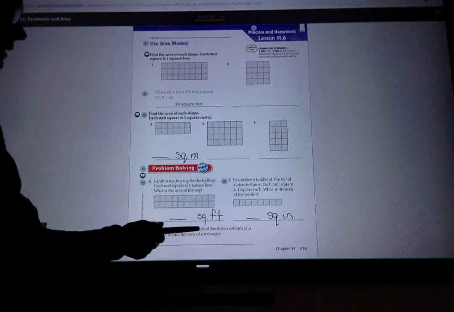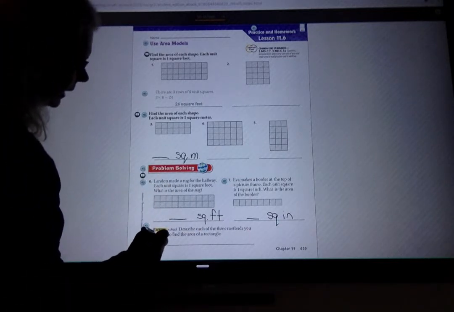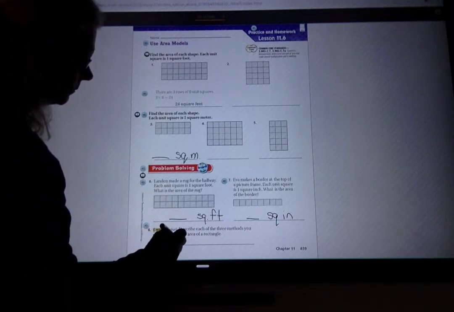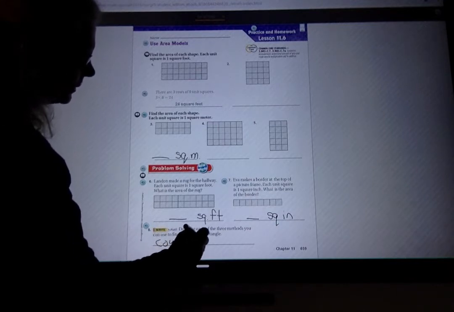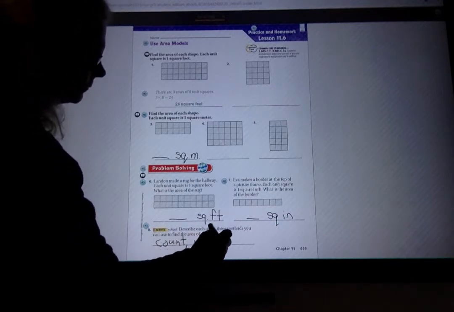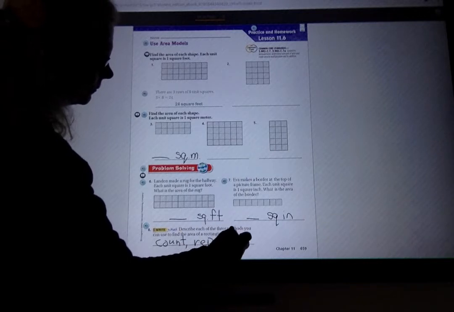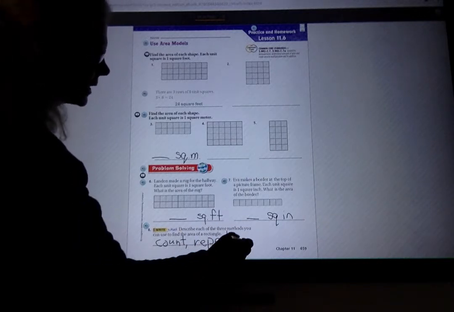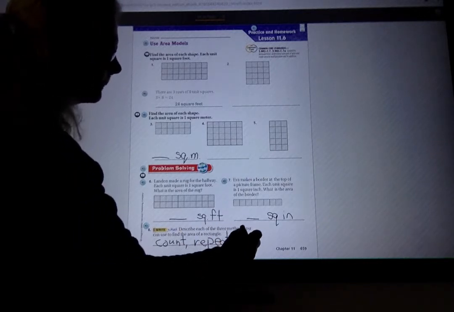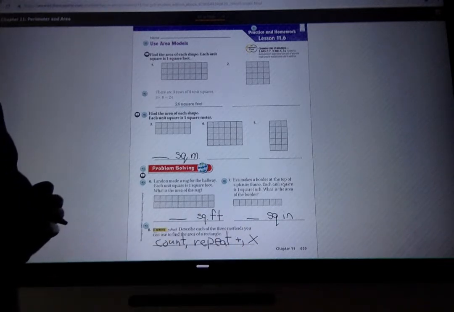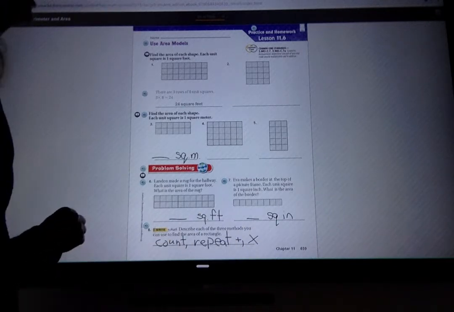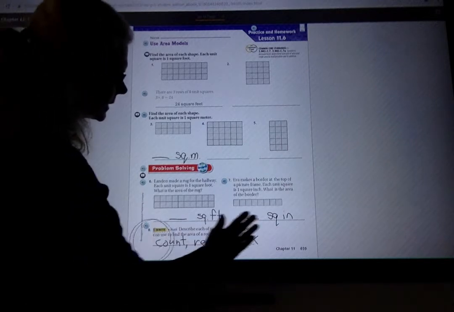And the 3 methods that we can use, we can count, repeat addition, and I'm going to put an addition sign there, or we can multiply. Let's go on to page 660.